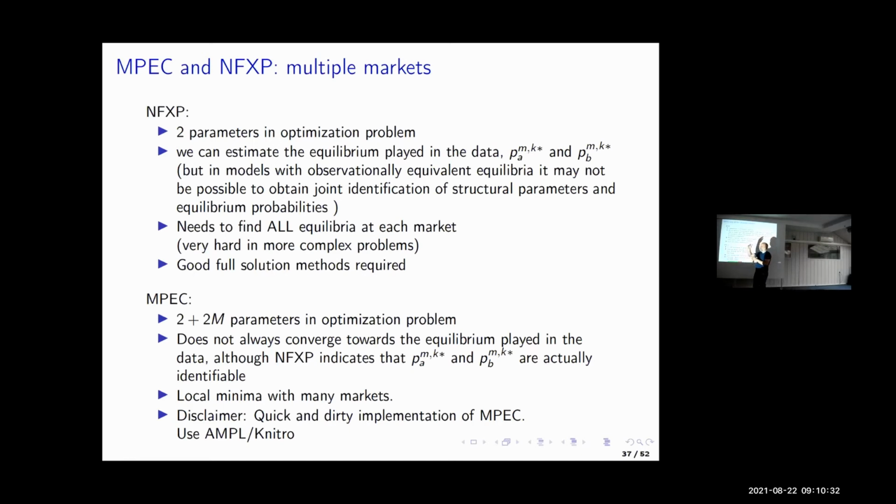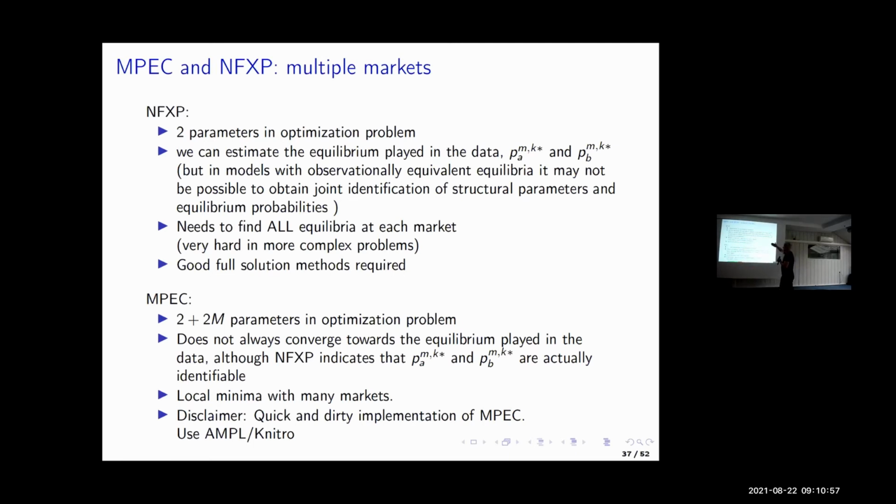Now, if it was not 2, but say the best responses from some dynamic programming model, and there's a bunch of different grid points, it would be much more than 2. It would be the size of the state space by the number of players, and then by the number of markets. So this is a little bit more expensive if you have multiple markets.